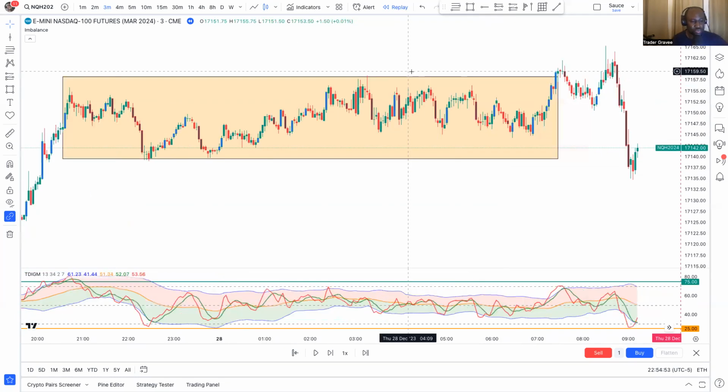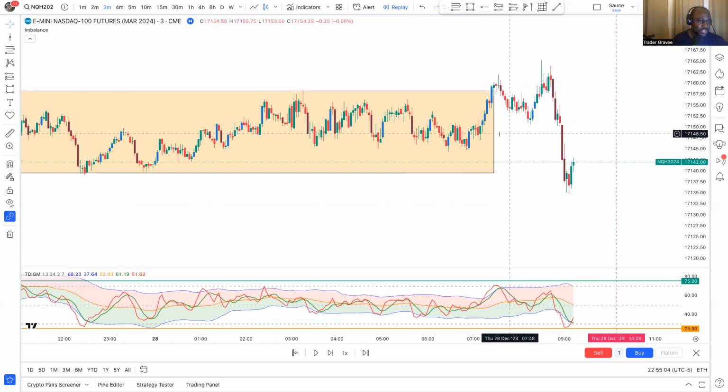These are what you will eventually see as you'll hear people call, mostly ICT, where he says seek and destroy. And what it will want to happen is eventually, right before the New York session begins, you'll see a run up to one side, clearing out all the highs, and then eventually a run clearing out all the lows, right?